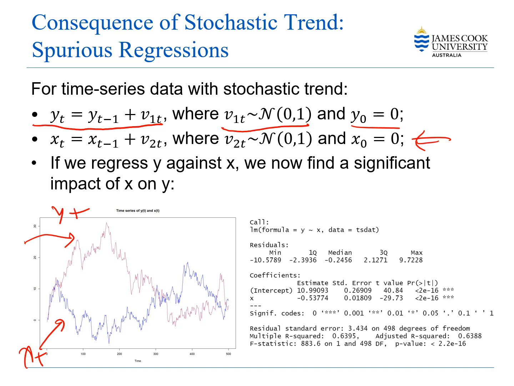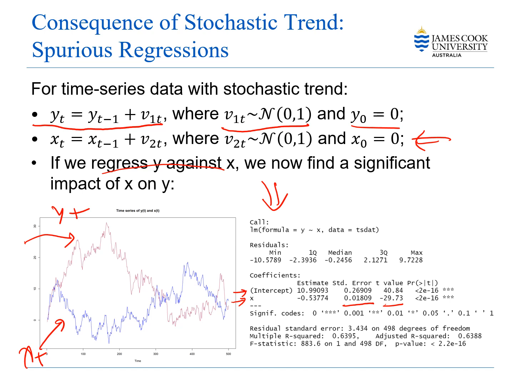But now let's regress Y against X. So this is the regression output in R, and the coefficient of X is negative 0.53774 with a standard error of 0.018, t value of negative 29.73.